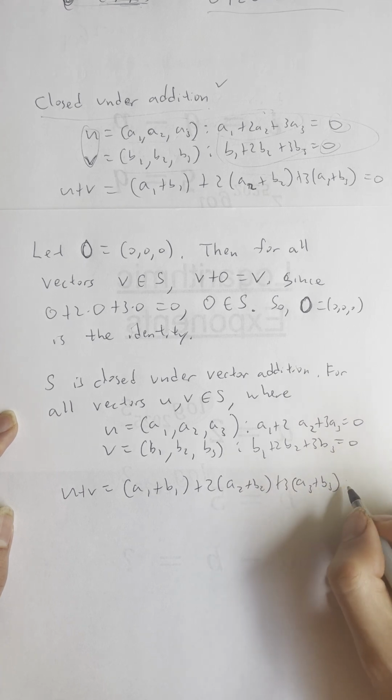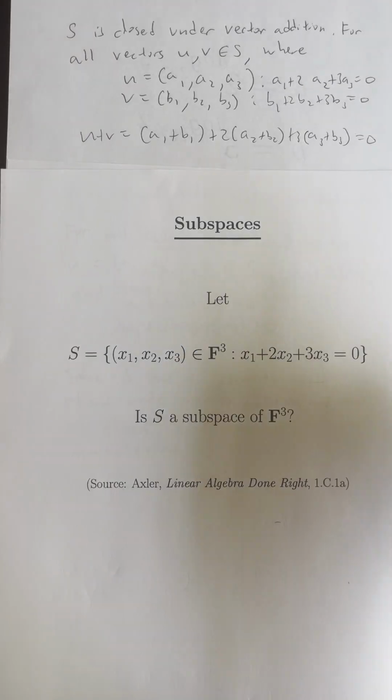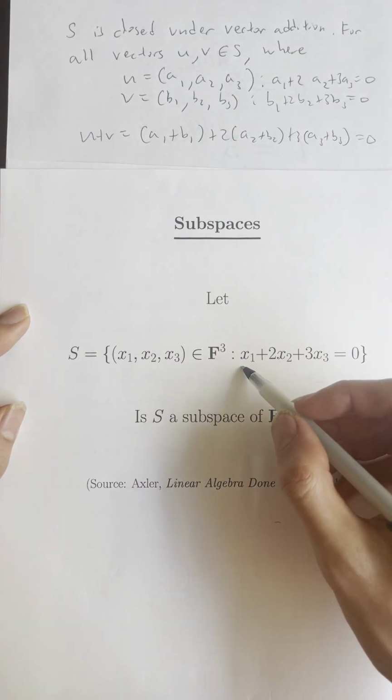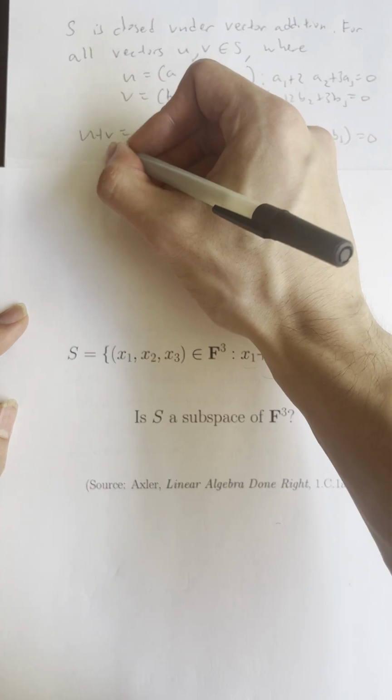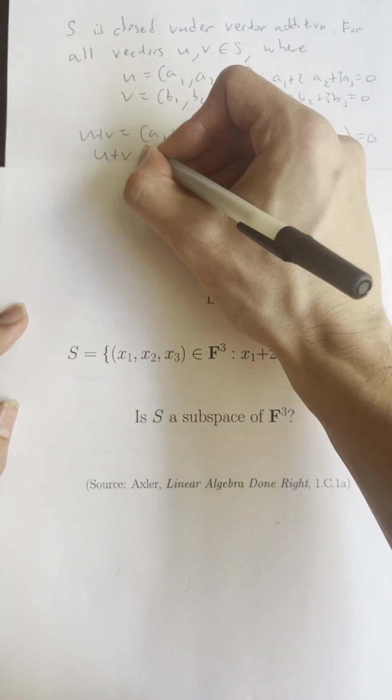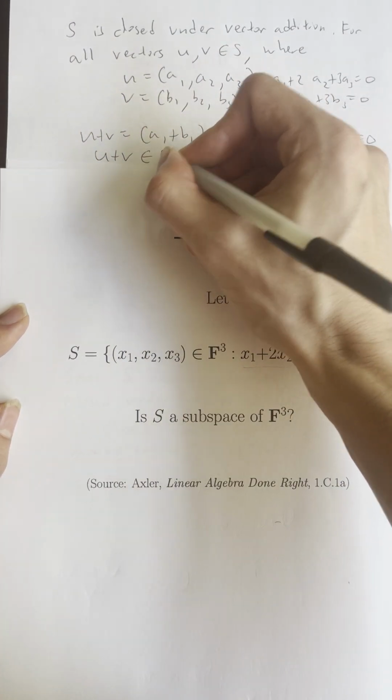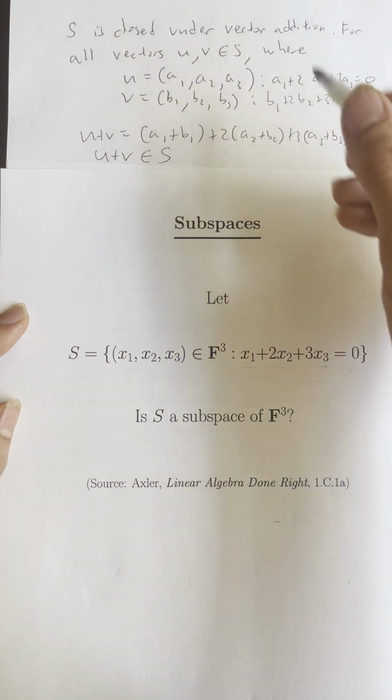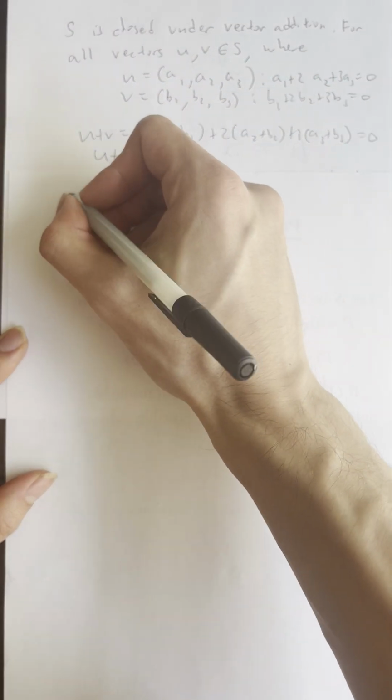And that's equal to how much? Well, that's 0 plus 0. Okay. So since u plus v satisfies this condition, we can say that u plus v belongs to S. So that's why it's closed under vector addition. Okay, now we need to show that it's closed under scalar multiplication.